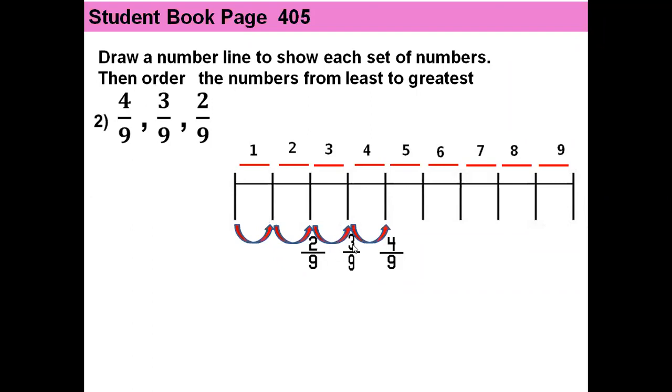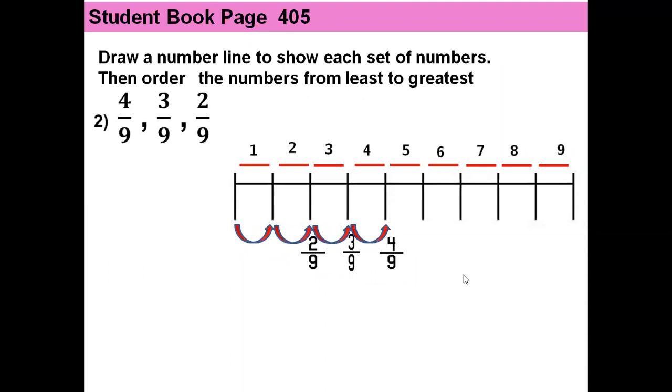Okay, I'm going to tell you a very small piece of information, then you may answer. Teacher, when we order them, we move on the number line from left to right, from smallest to greatest. Which one is the smallest one? Which one is on the left? 2 out of 9. Great job. This is the smaller one.